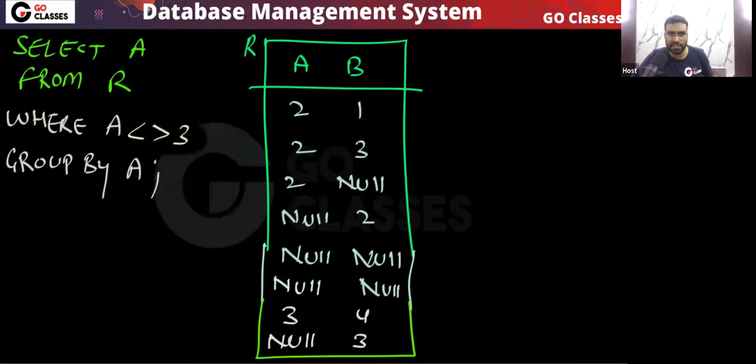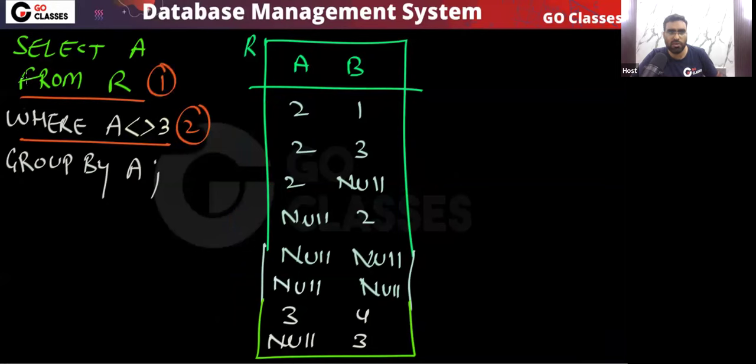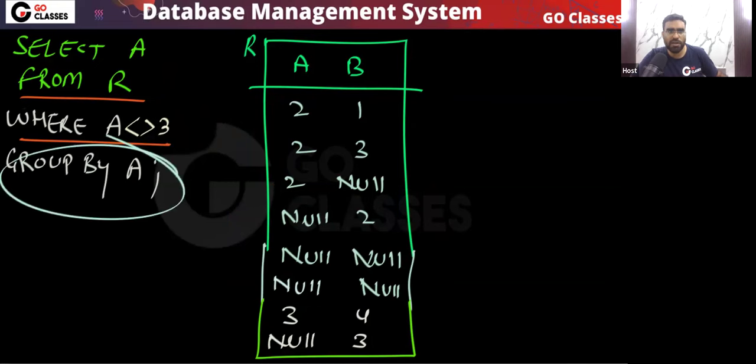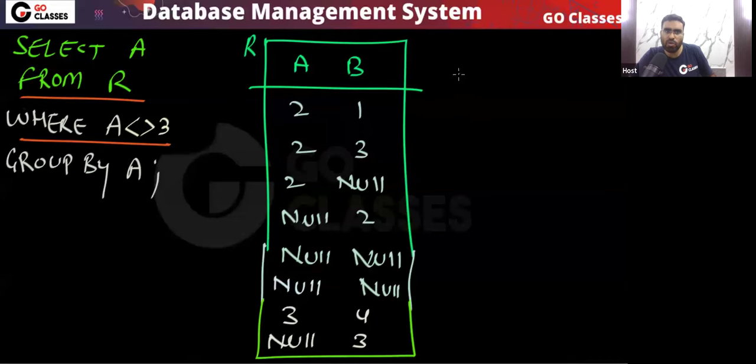Now, did you notice that you will get the same output? One very interesting thing I'm going to tell you: see, there is no aggregation, right? So the same output you will get if you just put select distinct.